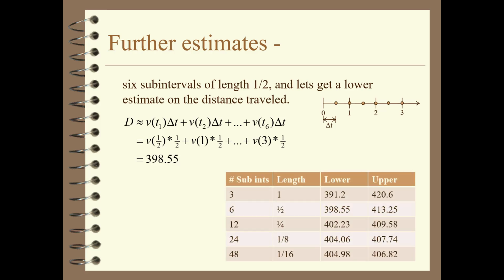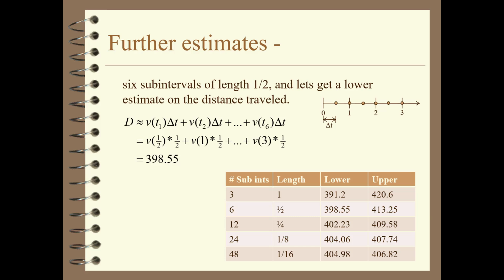So if you use only 3 subintervals, that means the subinterval lengths are all only 1 second long. You get a lower estimate of 391.2 meters and an upper estimate of 420.6. I did the same thing with 6 subintervals. If you have 6 subintervals, there are now 6 subintervals of all equal length. Each one only represents a half a second that has elapsed.